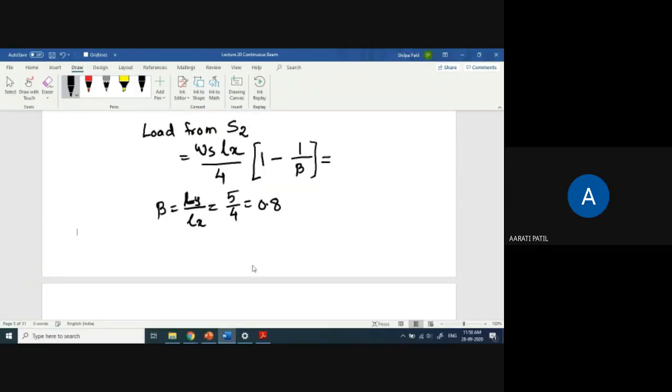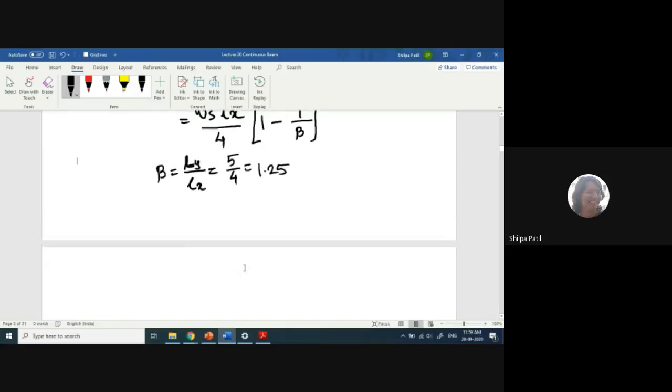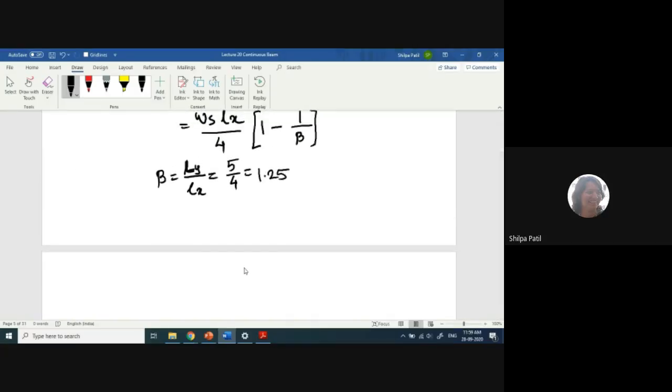Yes, ma'am, 5 by 4. Okay. Now put these values here in the formula. WS we already have calculated. Take LX as 4, put the value of beta and find out the load coming from slab S2.